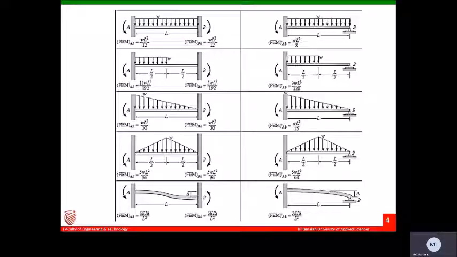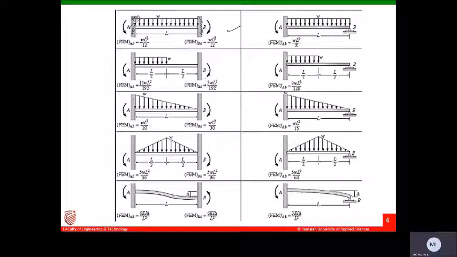Similarly, different standard beam cases are given here, with their fixed end moments. For a beam with UDL, the fixed end moments will be minus WL square by 12 and plus WL square by 12.